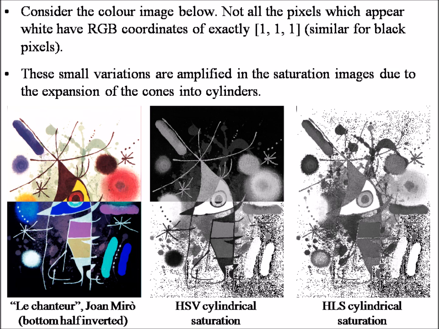The middle figure is the output when we apply HSV cylindrical saturation. Actually, these are the formulas which we discussed in the last slide, referring to RGB model conversion to HSV transformation. The rightmost figure is the output when we apply HLS cylindrical formulas on the leftmost image.